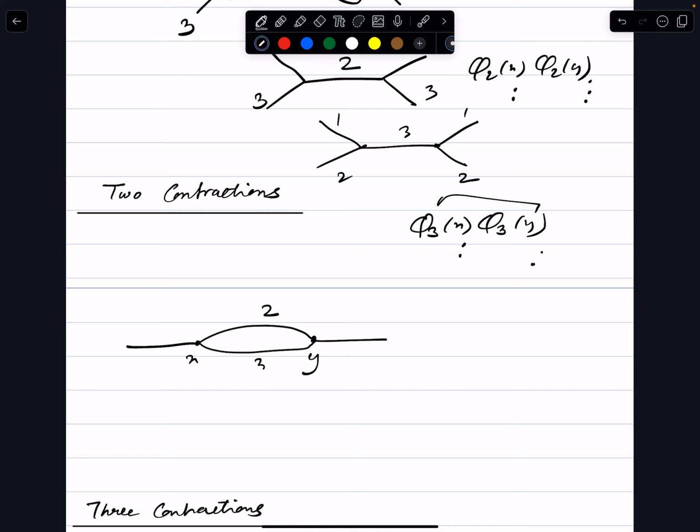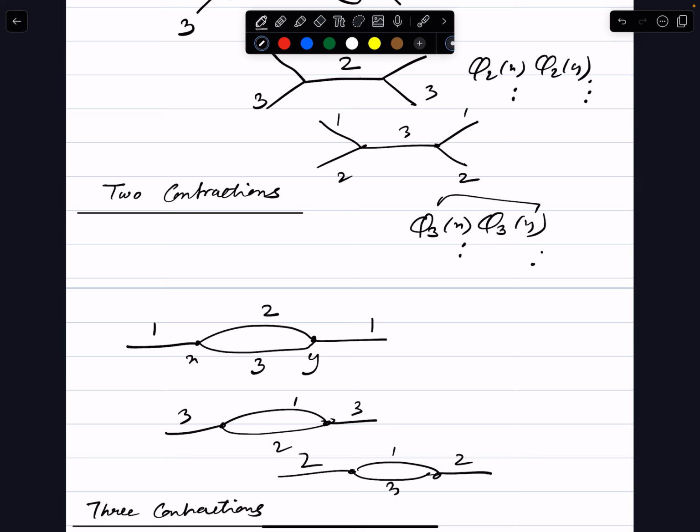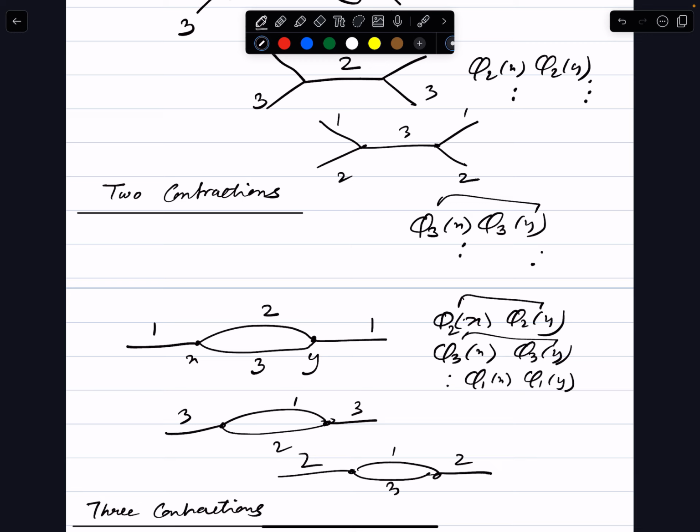Or I can have 1, 3 contracted and 2 is left, or 2, 3 contracted and 1 is left. So this corresponds to phi 2x, phi 2y contracted, and phi 3x, phi 3y contracted, and phi 1x, phi 1y normal ordered. Normal ordered things don't see each other. Contracted things give you the interaction, telling you where the interaction is happening.